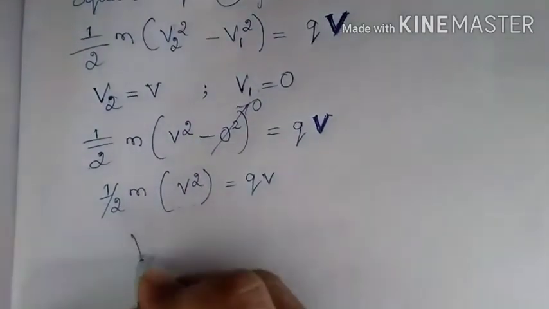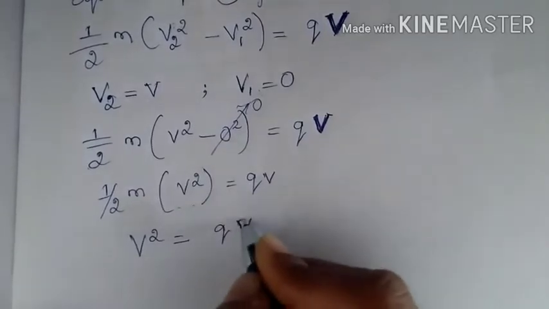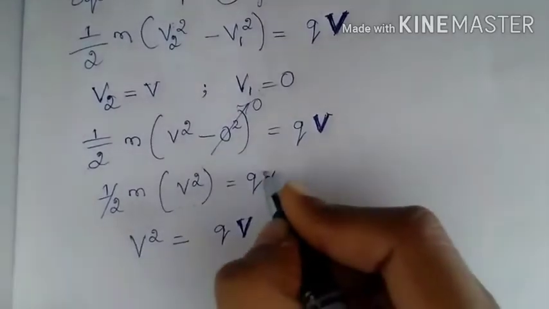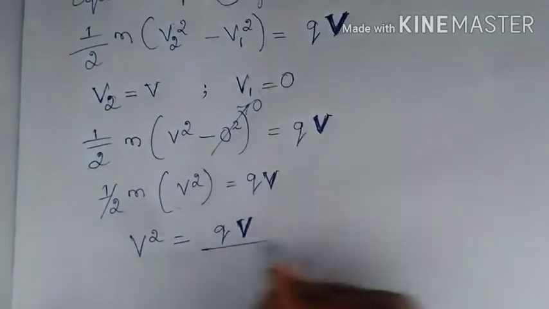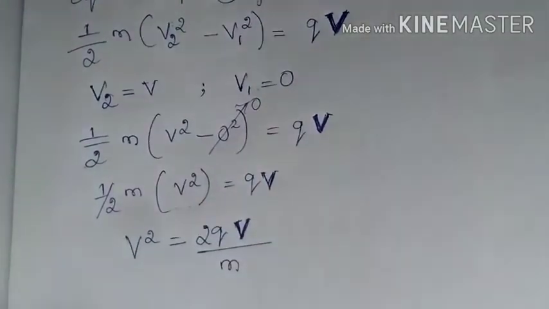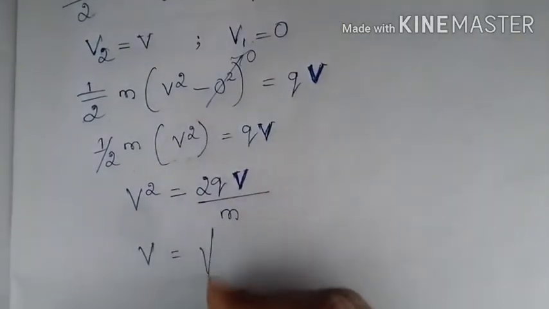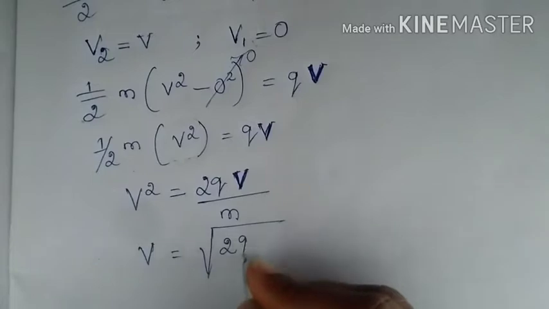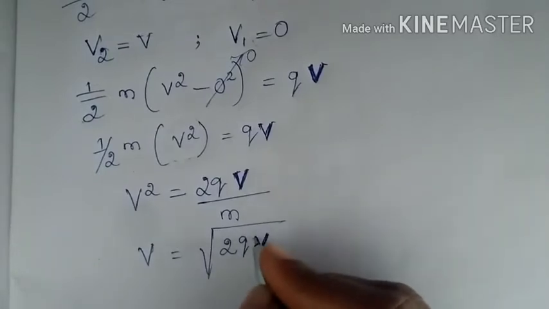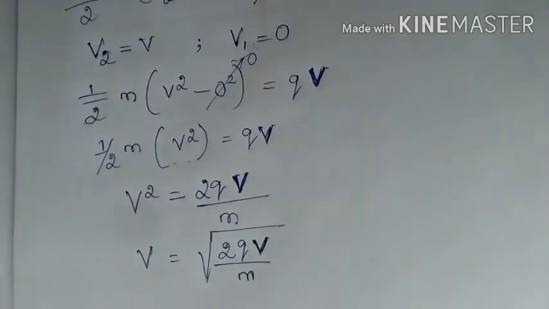So I can write v square is equal to 2qV divided by m. So v is equal to root over 2qV divided by m. This is the velocity of the particle.